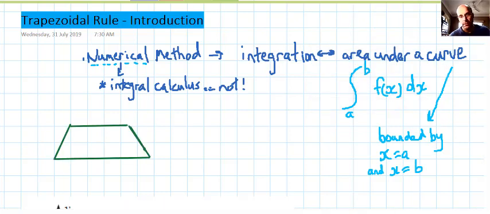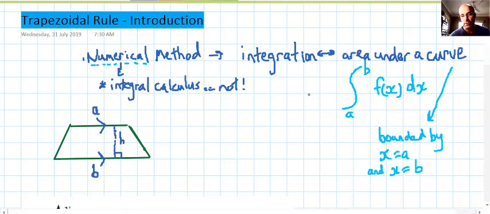Now, a trapezium is a quadrilateral that has two sides that are parallel, like those, and the other two sides are not parallel. It has a perpendicular height h between the two parallel lines, and we call the length of one of the parallel lines a, and the length of the other one b.